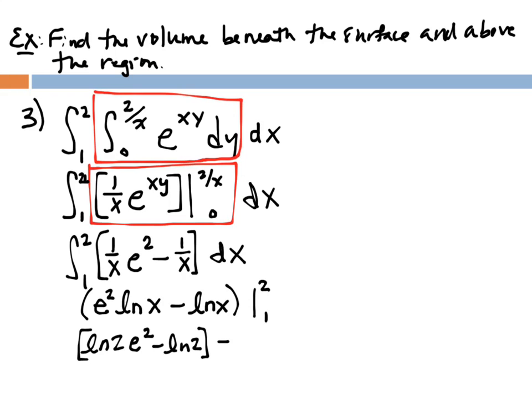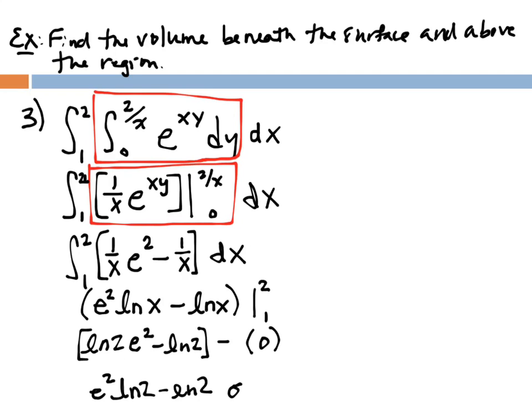Now what happens when I plug in the number 1? You get e squared natural log of 1. What's the natural log of 1? It's 0. So this gives me 0 when I plug in 1. My answer is e squared natural log of 2 minus the natural log of 2.